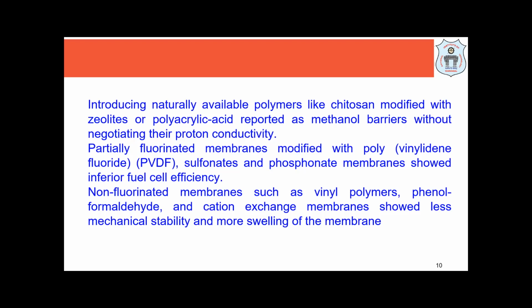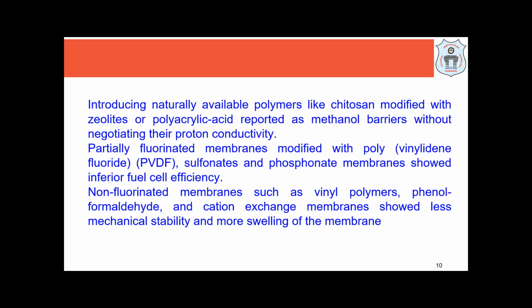What about the ultimate main aim, which is to conduct the protons, right? Without compromising the proton conductivity, we have to reduce the methanol crossover. That is the challenge in preparing an alternate membrane in place of Nafion for fuel cell applications, particularly in PEM fuel cells or direct methanol fuel cells.